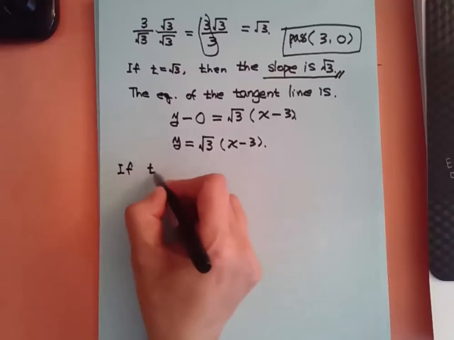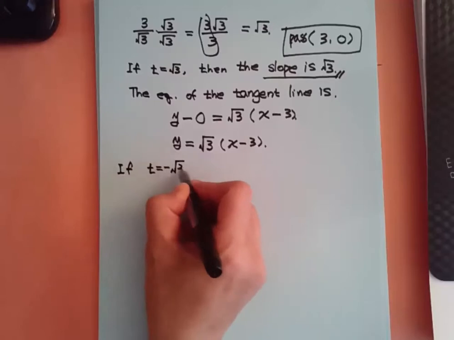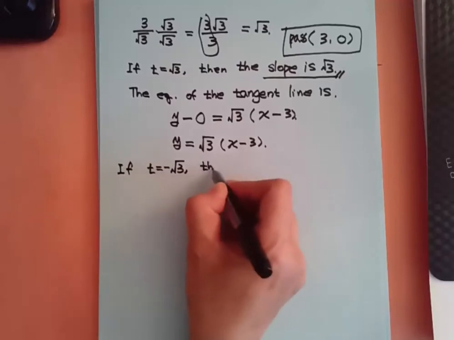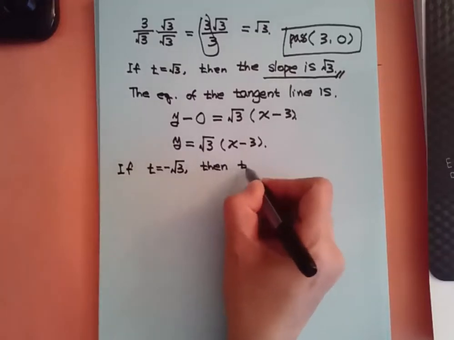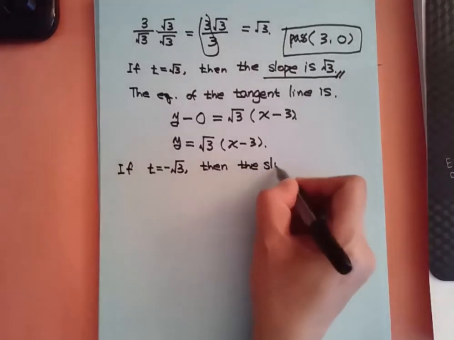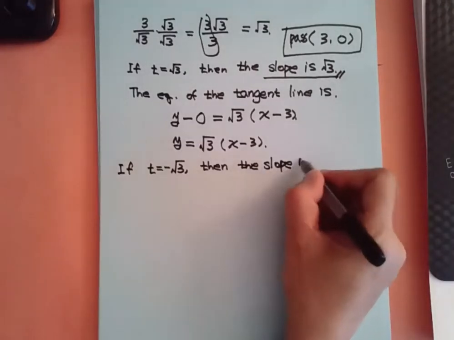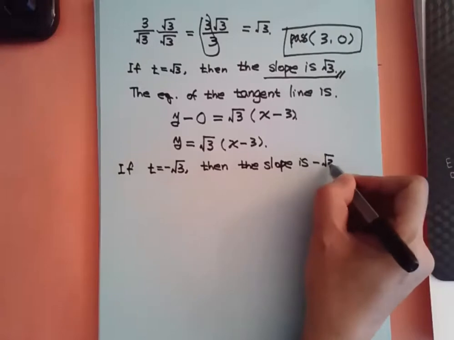If t equals minus square root of 3, then the slope is minus square root of 3.